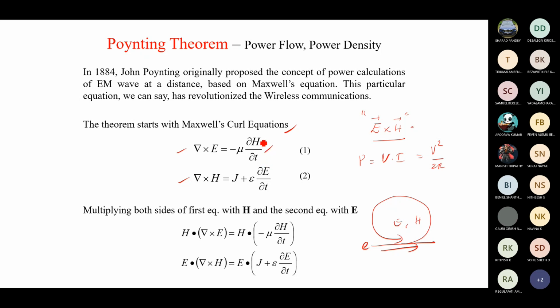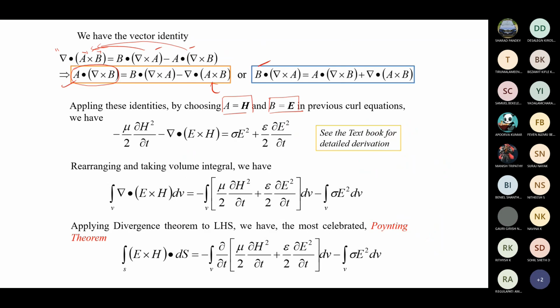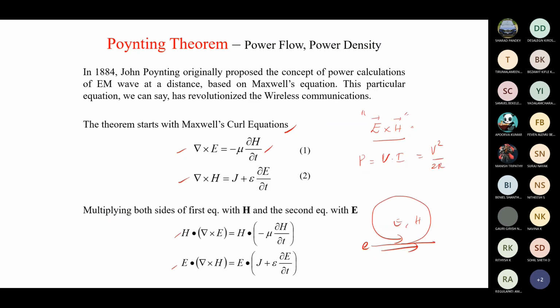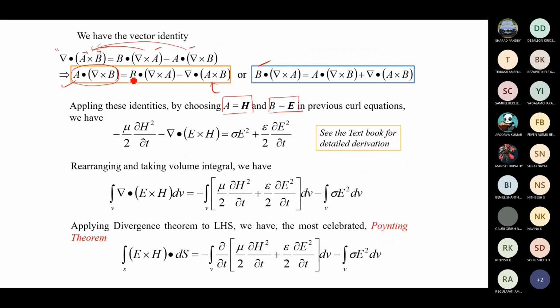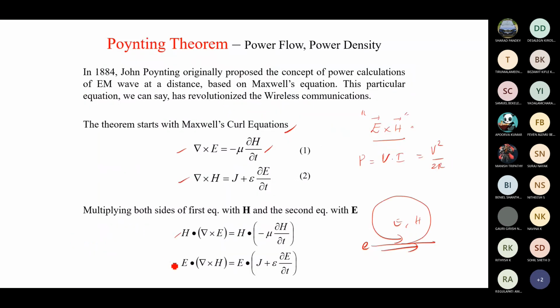When we substitute one into the other, we multiply the first equation by the magnetic field and the second equation by the electric field. Then you get a very similar description here. We have already substituted A as the electric field, and this is going to be the magnetic field. This same expression is available here, and it is equal to this.